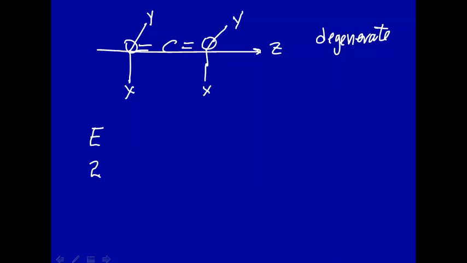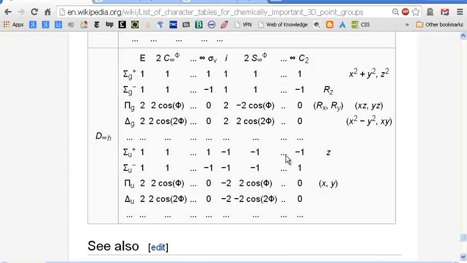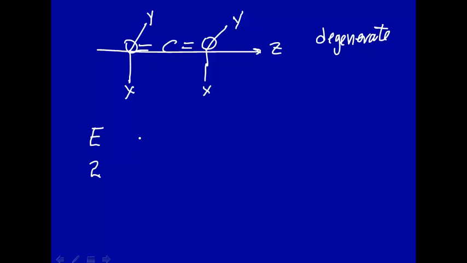They also transform as the x and y here. So it looks like our choice for the irreducible representation of these degenerate modes should be a pi u. So over here we find that the pi u, ungerade, which means a minus sign, is the irreducible representation for this particular normal mode.